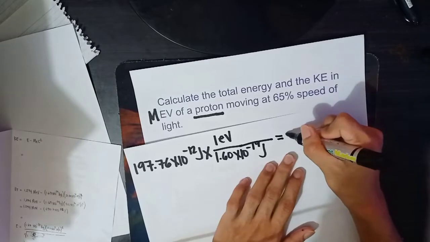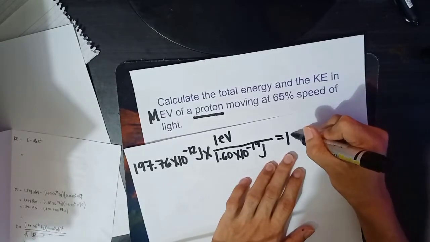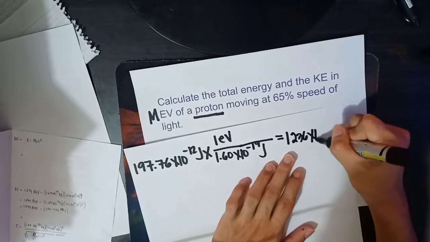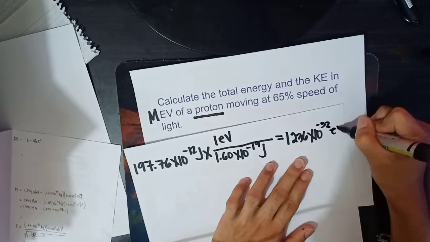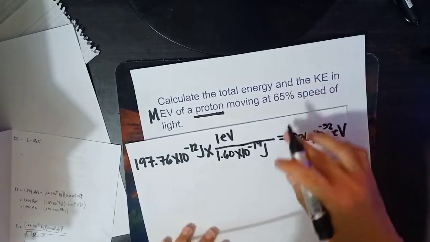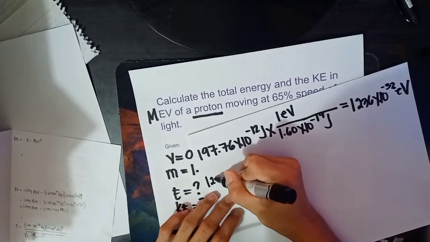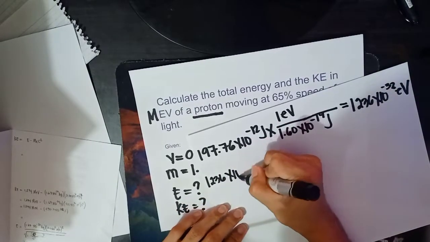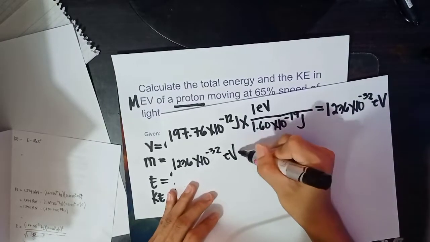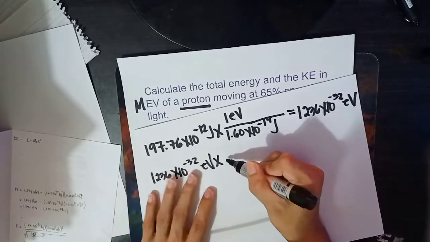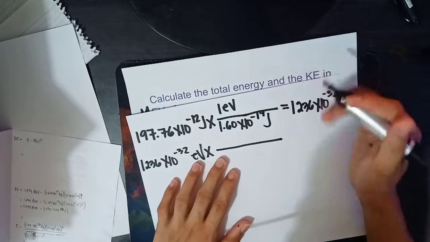That is equivalent to 1236 times 10 raised to the power of negative 32 electron volts. From this, let us convert it into mega electron volts.